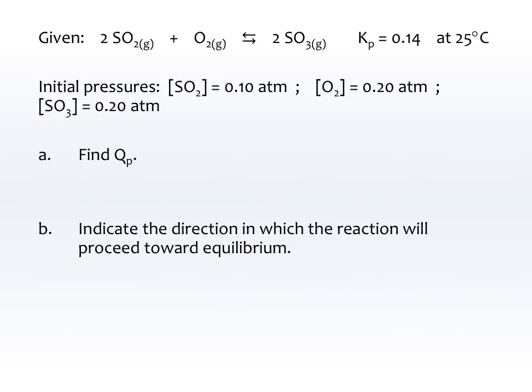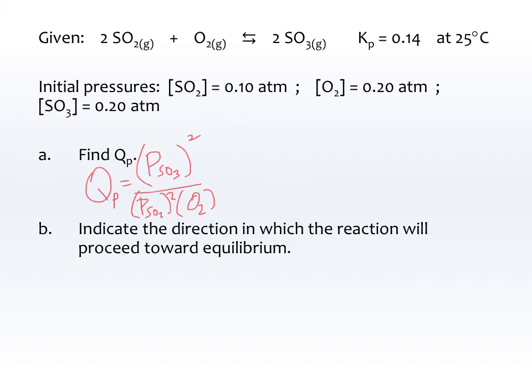So now I've got QP instead of QC. This is the same exact reaction, except this time I'm going to be using gases and pressures instead of concentrations. So my QP will look identical to the one that I just did, except that I'm going to use pressures instead of concentrations.